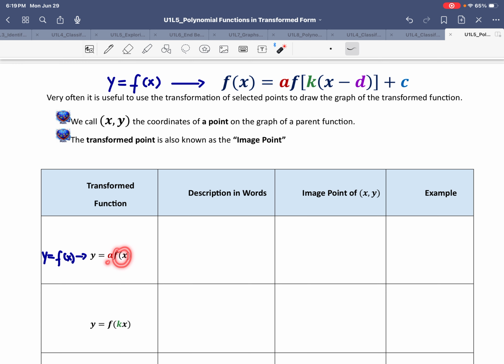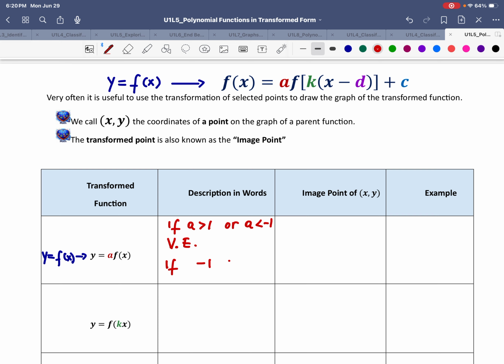If a happens to be a number bigger than 1 or less than -1, then the function will undergo a vertical expansion. If the values of a are anywhere between -1 and 1, then the function will undergo a vertical compression.